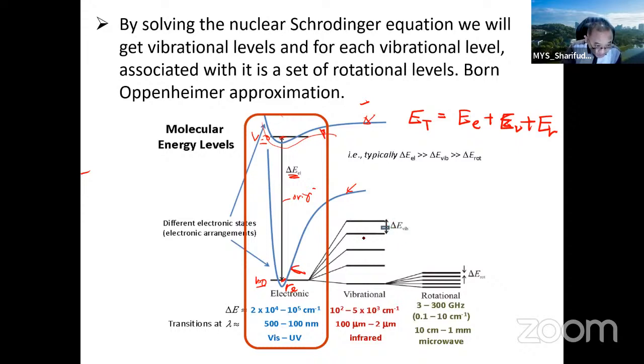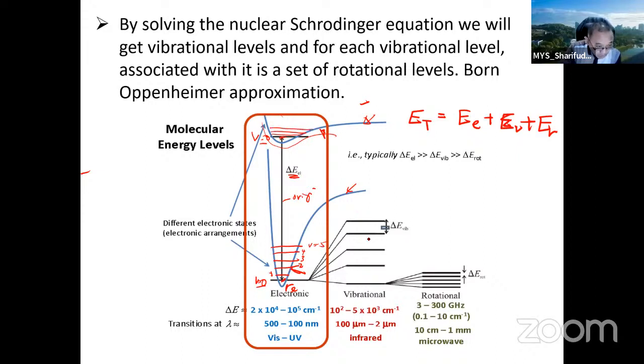Now the rotational levels are actually within the profile of the electronic state. So you can see different vibrational energy levels: V equals 0, V equals 1, V equals 2, V equals 3, 4, and V equals 5 up there. The excited state will also have its associated V's up here.